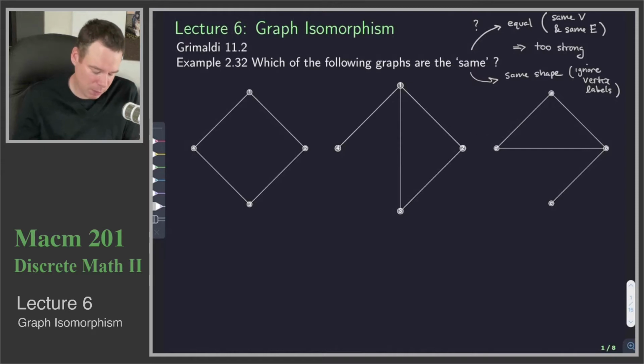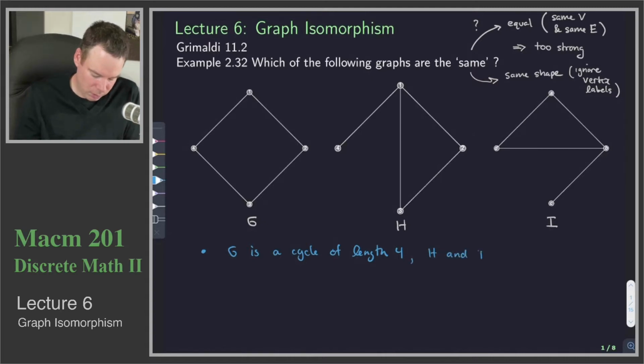We mean same shape. So then coming back to these three graphs, we'll call this one G, this one H, and this one I. Which ones should we consider to be the same? Which ones are different? In this context, we're going to use same to mean same shape. So which ones have the same shape? Well, the first thing to note is that G is a cycle of length 4, and H and I are not.